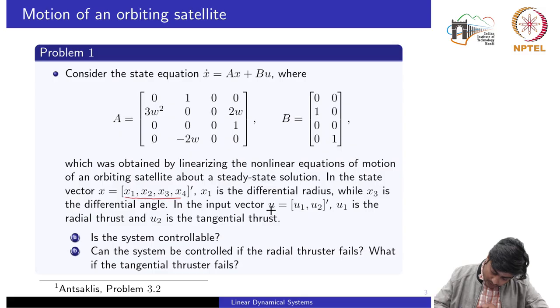We have two inputs, u, which is divided into u1 and u2, where u1 is the radial thrust and u2 is the tangential thrust. The first part of the problem is we want to test whether the system is controllable or not.